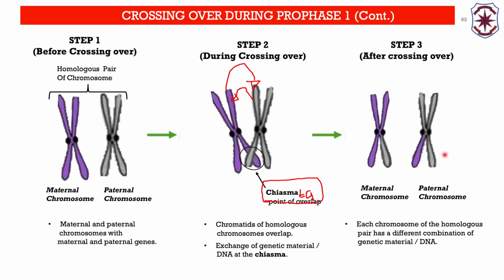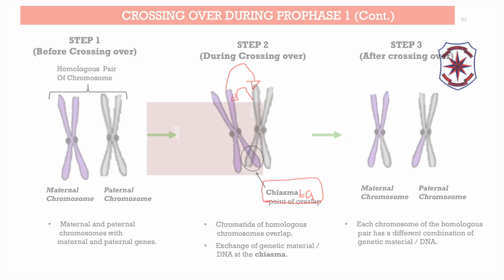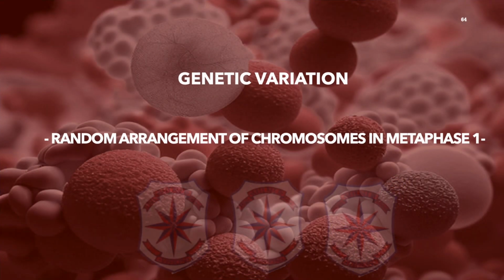Okay, with that being said, let us look at the second way in which meiosis causes genetic variation. Remember, guys, we are still on the subtopic of genetic variation. We have just seen how crossing over that takes place during prophase 1 causes genetic variation, or causes each daughter cell of meiosis to become genetically different from each other.